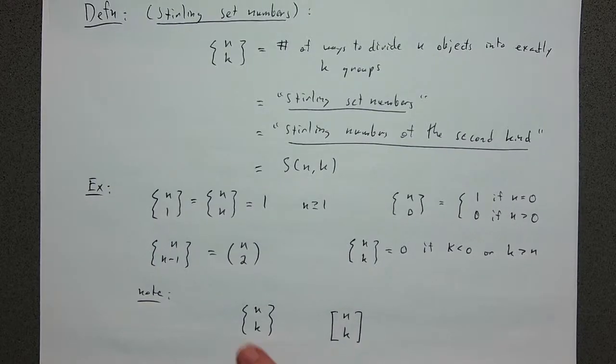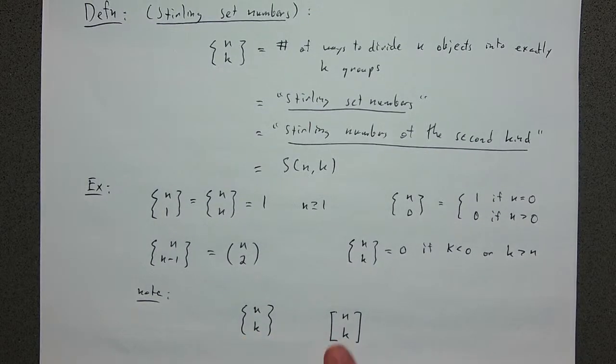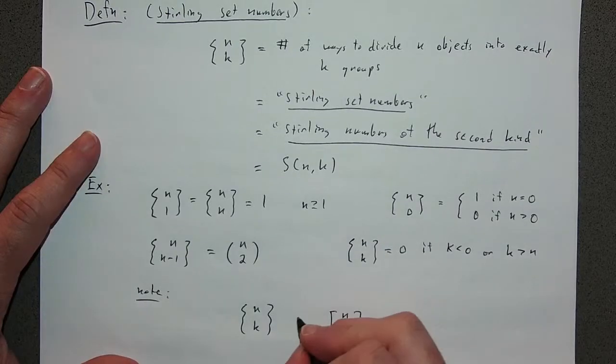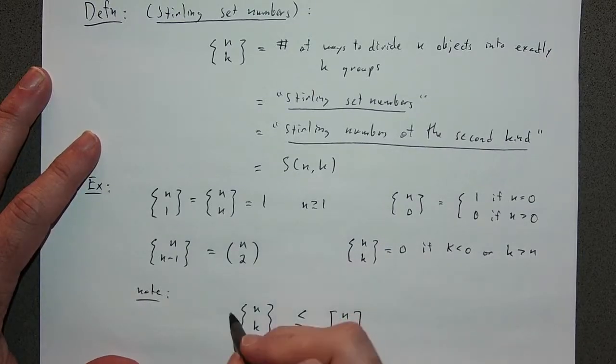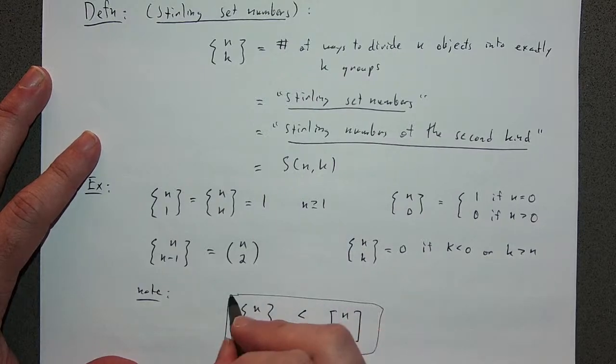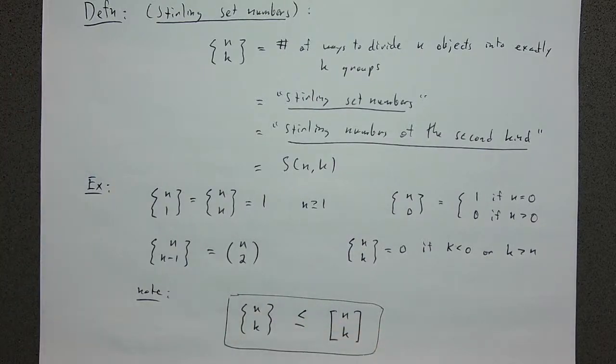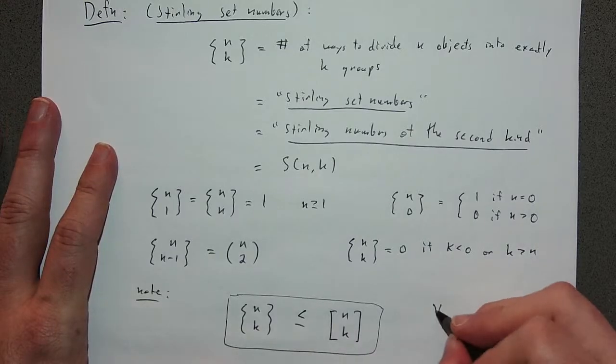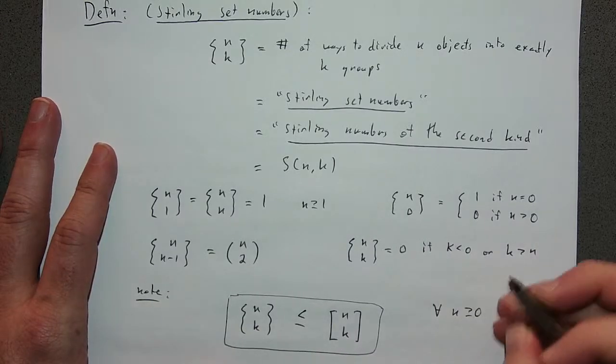So they all get counted the same here, but they get distinguished among the groups there. And so we have this bound, and that is true for all n greater than or equal to 0, for all k.